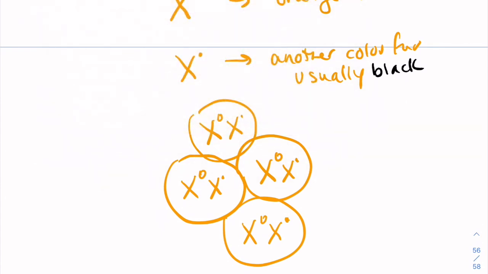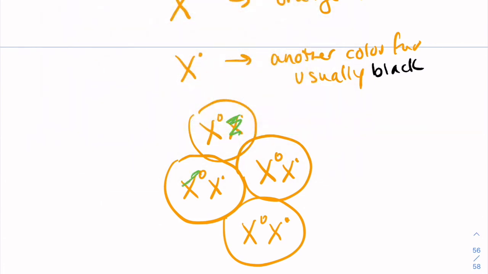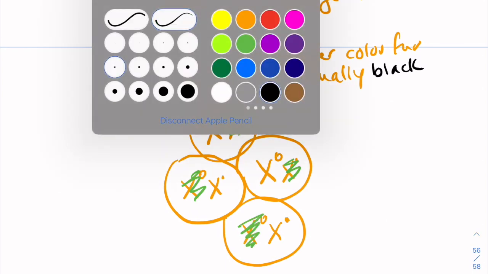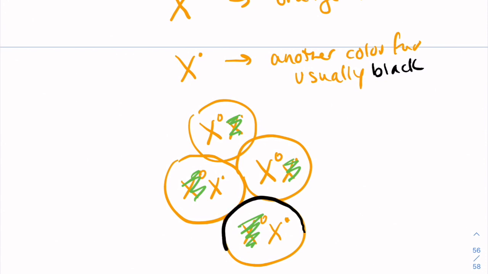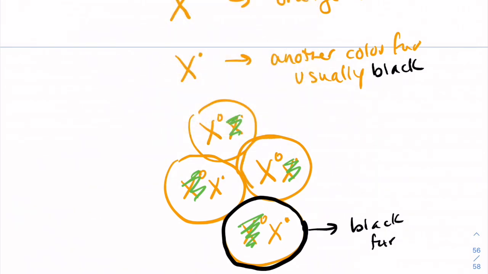Can you see that when we have X inactivation, let's say this one gets covered up, this one gets covered up, this one gets covered up, this one gets covered up, that this cell here will go on to form black fur. But this cell here, because its orange allele is active, will form orange fur.